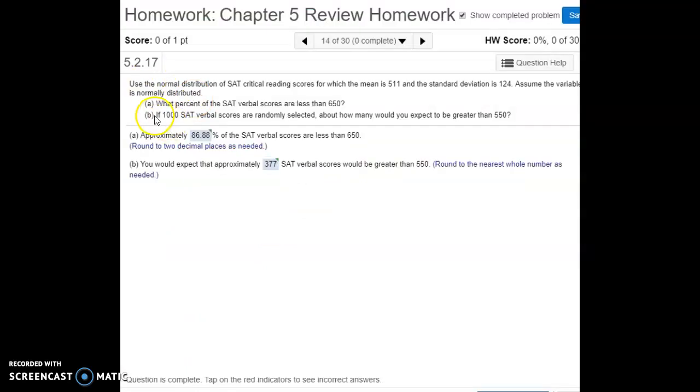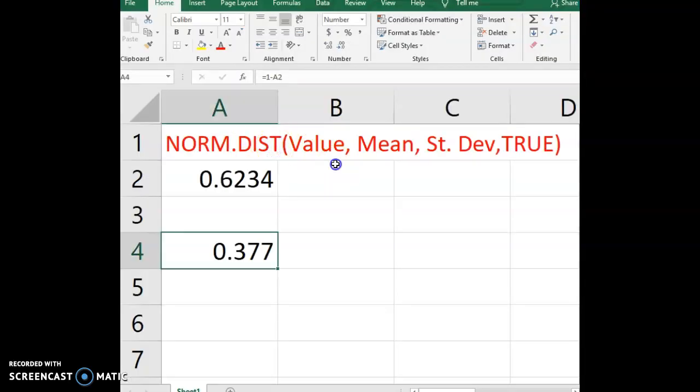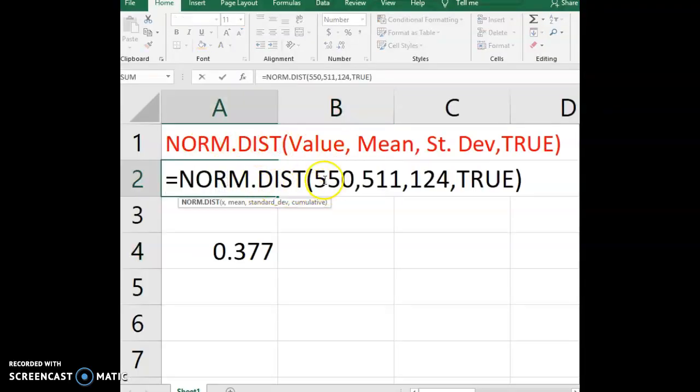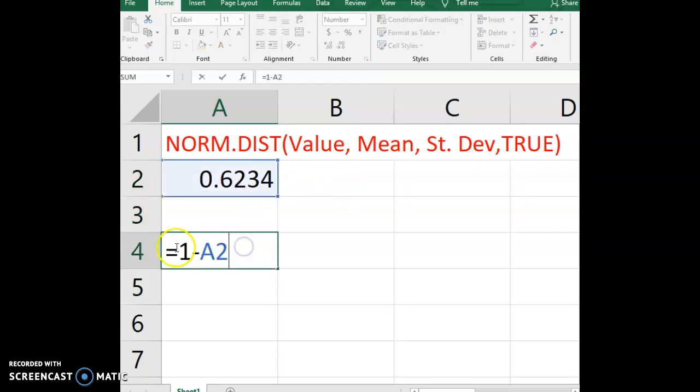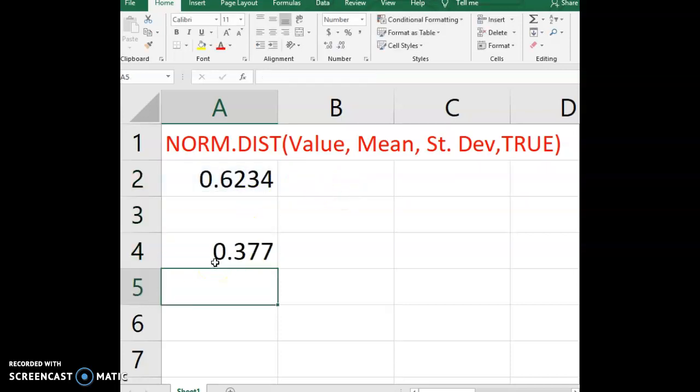For part B, first we're going to start off by finding the percent that we expect to be greater than the given value here, which in this case is 550. So using equals NORM.DIST with 550 here, we will get the percent of scores that we expect to be less than 550.